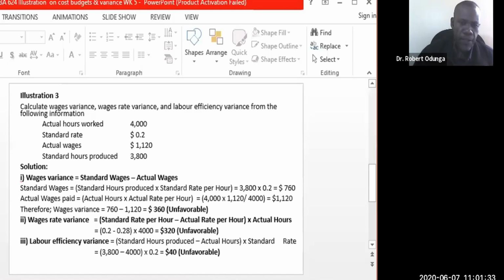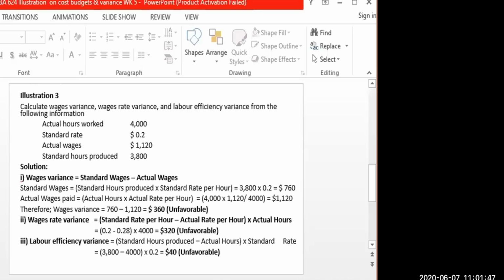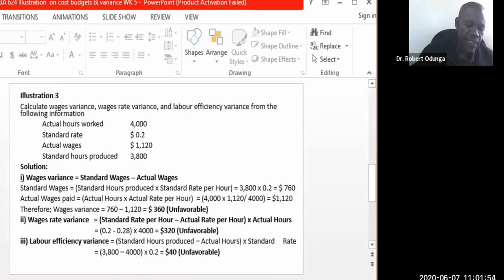Okay, so we've been asked to determine the wages variance, which is the wages cost variance, the labor efficiency variance, and then the wages rate variance.